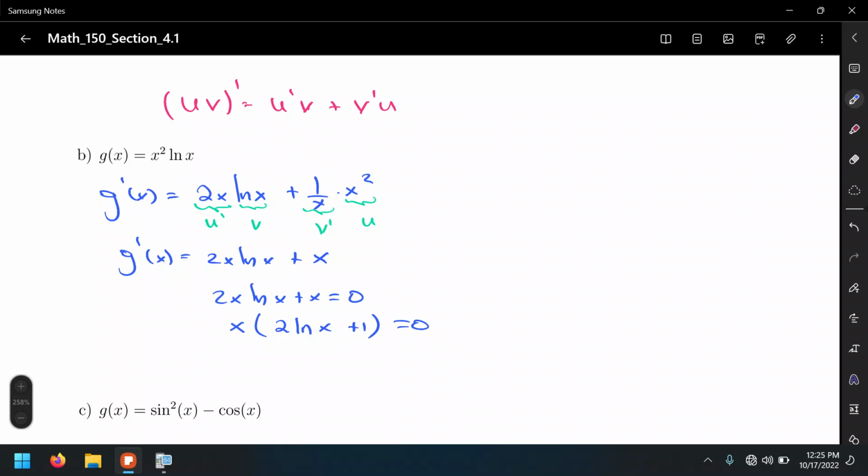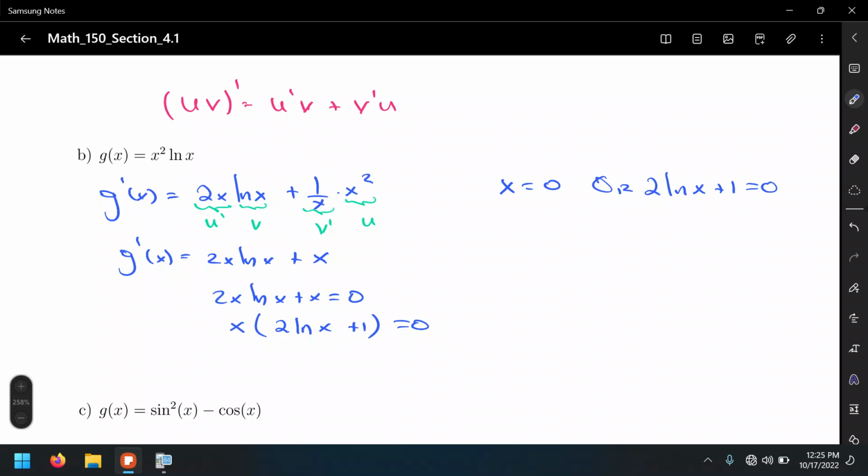Using the zero product property here, which is not limited to just products of linear factors, it also works with other factors like logarithmic, trigonometric, exponential. That means either x equals 0 or 2 ln x plus 1 equals 0.